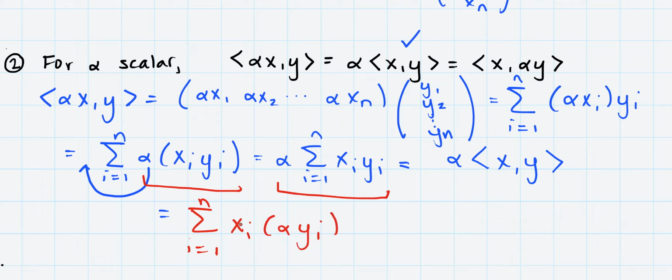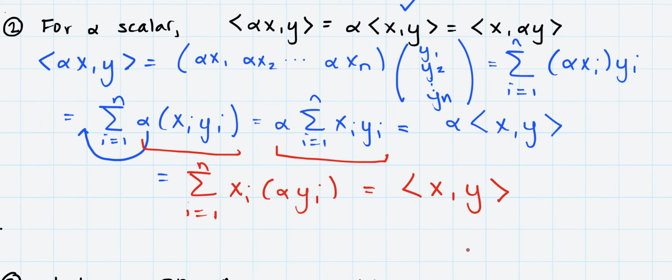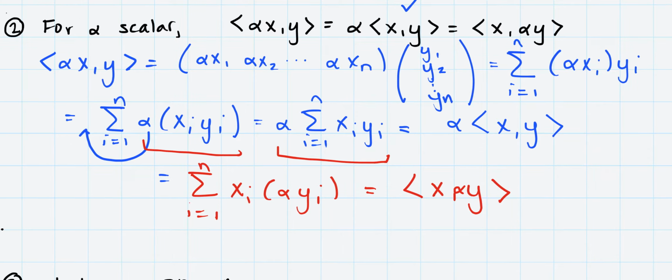There's no problem doing that. These are just numbers, so we can move them around. But then that is just the inner product of x and alpha y. So we get this last piece here.